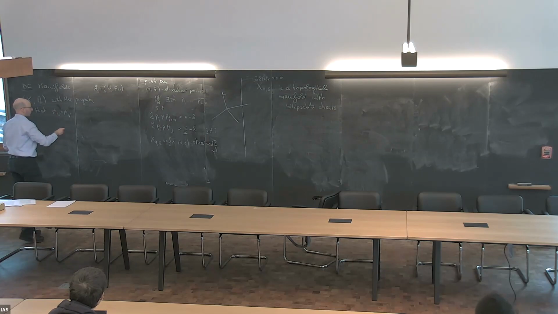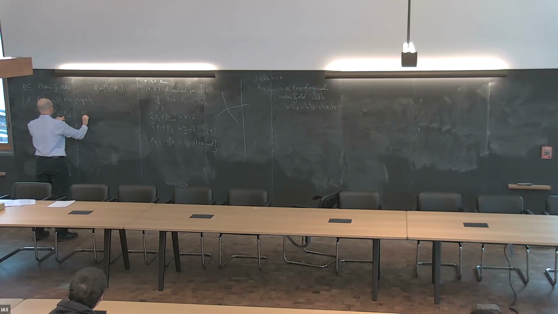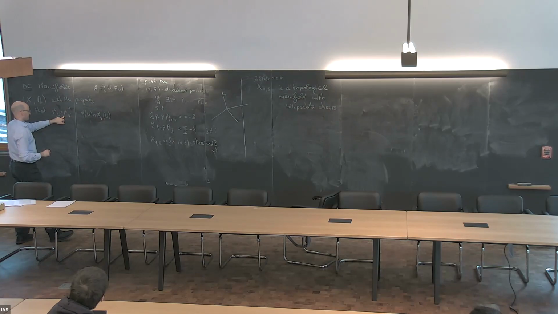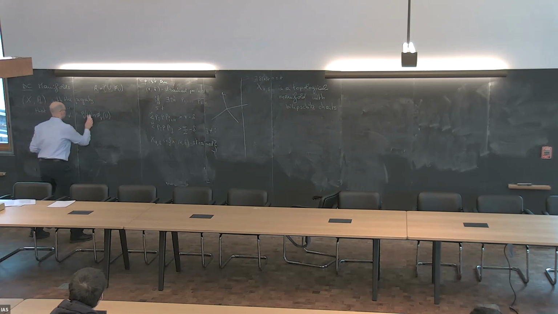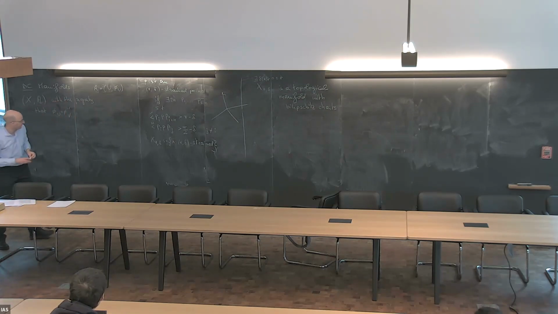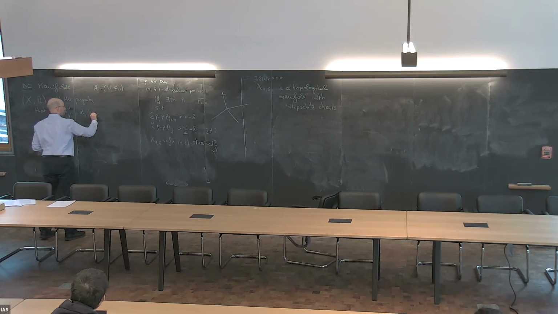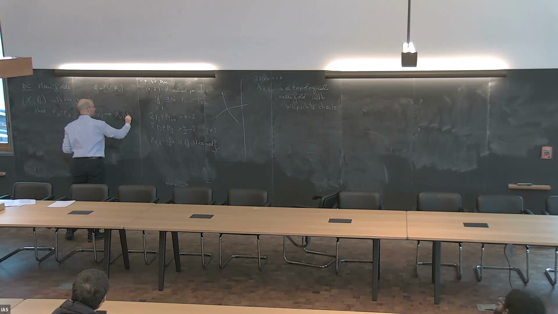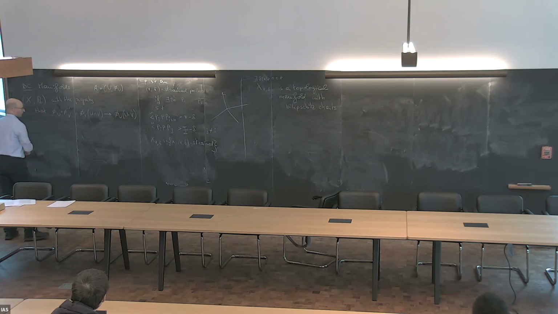So this one goes from phi_V of U intersect V into phi_U of U intersect V. This function, which is our change of coordinates, is a difference of convex functions.